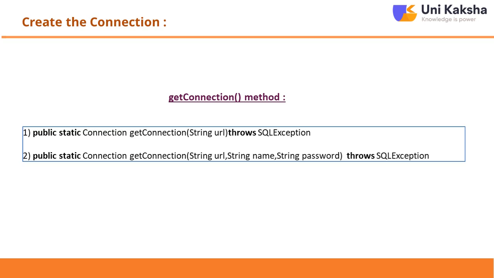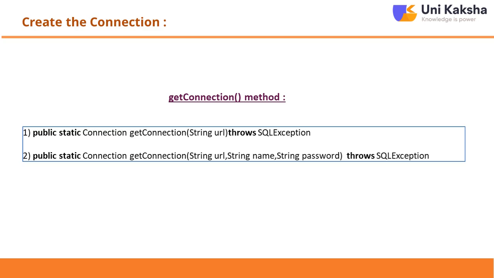Basically, the getConnection method of the DriverManager class is used to establish a connection with the database. The getConnection method creates a connection object which is used to create SQL statements, send them to the database and process the results. The DriverManager class tracks the available drivers and handles the connection request between the appropriate driver and databases or the database servers.